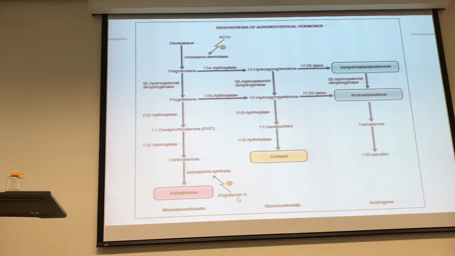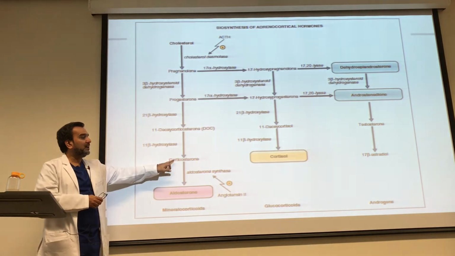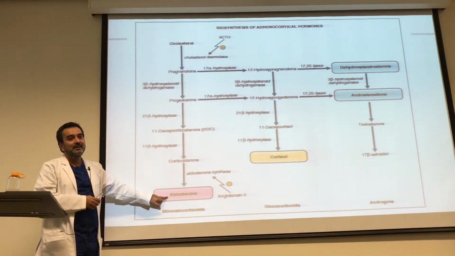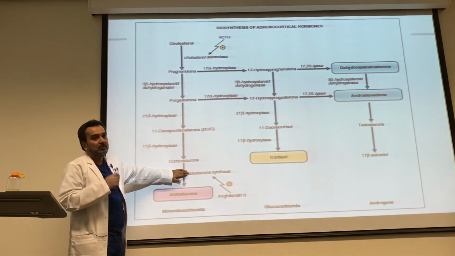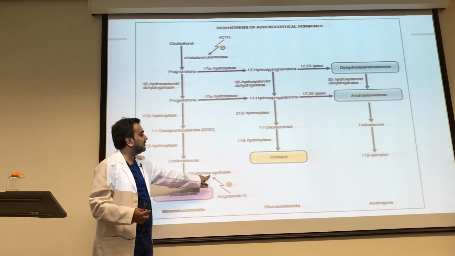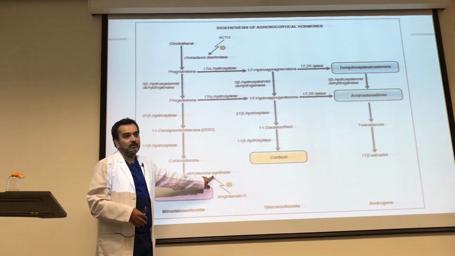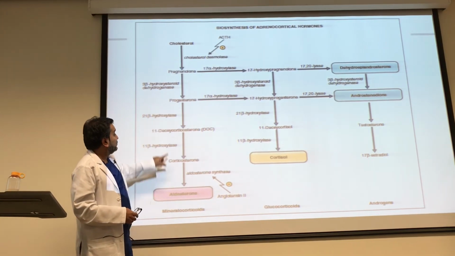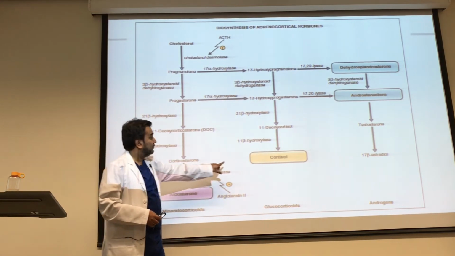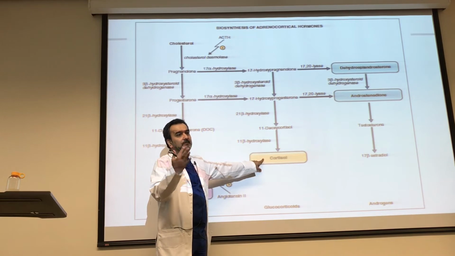You do not have aldosterone synthase in the zona fasciculata and reticularis. That's why you cannot convert corticosterone into aldosterone. So you do not produce aldosterone in the zona fasciculata because you do not have this enzyme, which is the aldosterone synthase. So you can produce corticosterone, you can produce cortisol in the zona fasciculata.